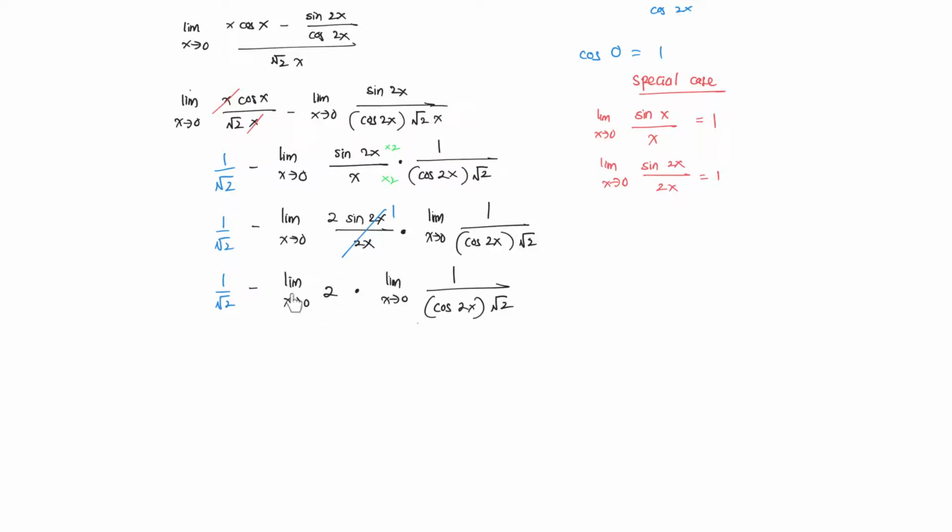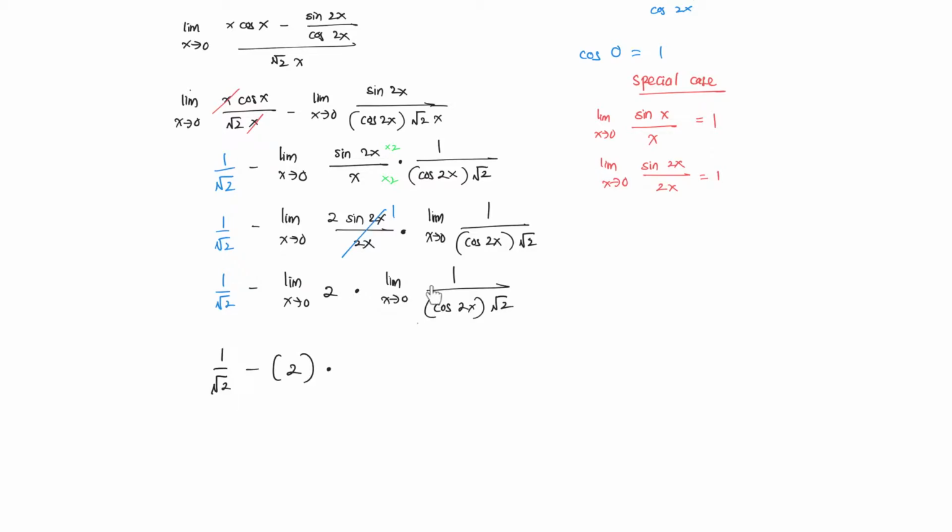Now we can solve this part easily, because the limit of any constant as x approaches any value will become the constant itself. So the limit of 2 as x approaches 0 will become 2.